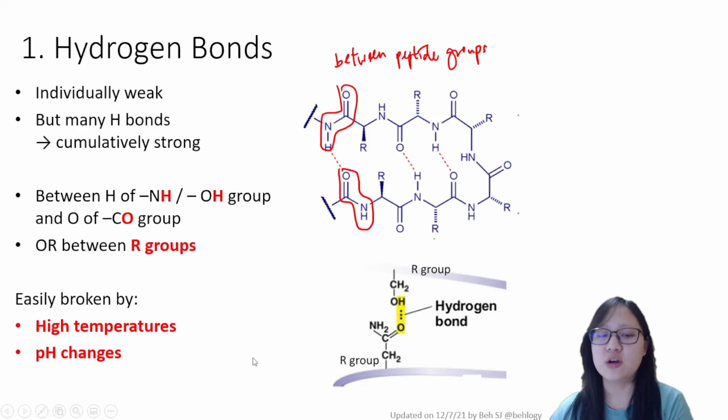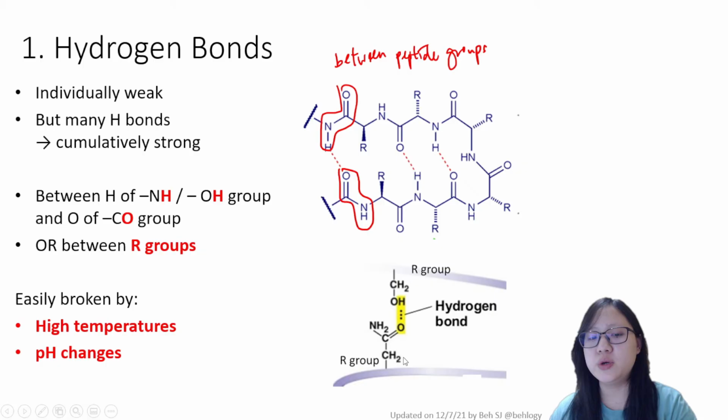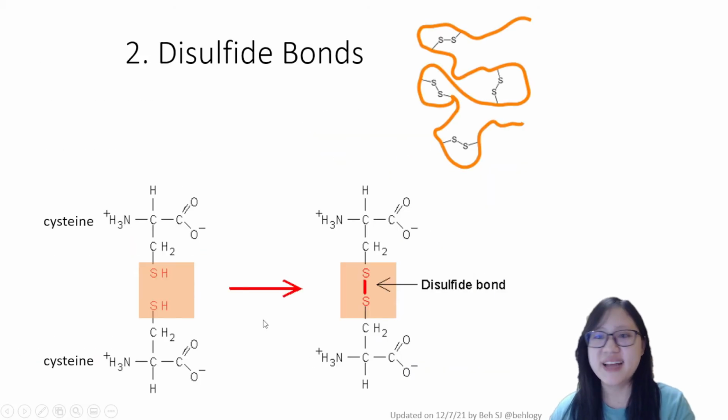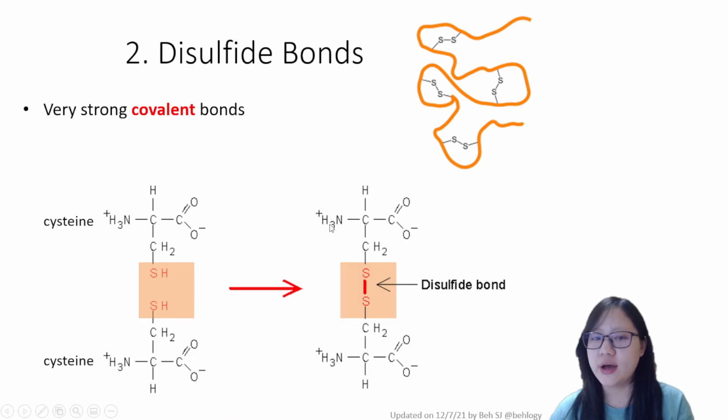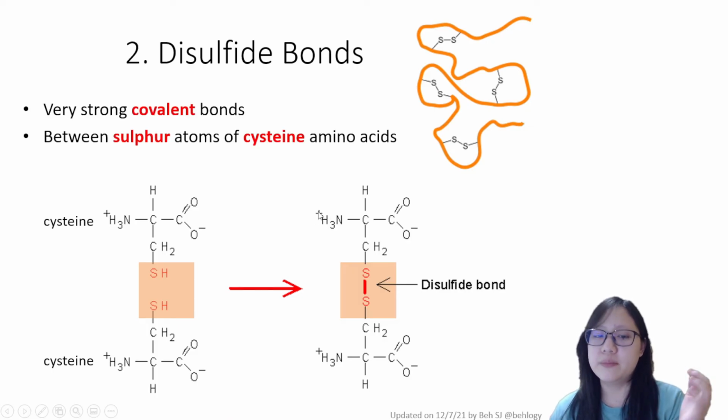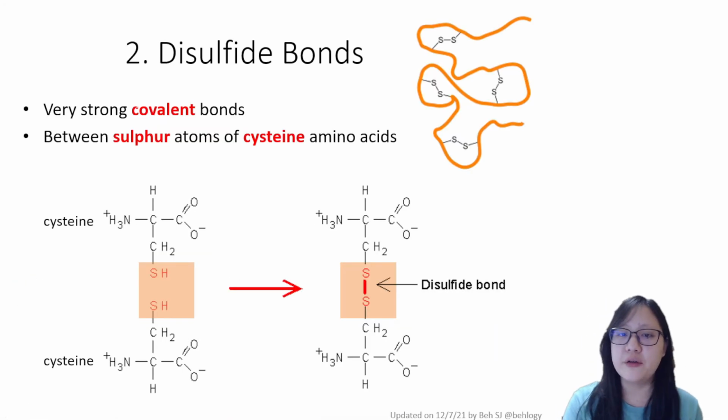Remember that, it will become important later on. So again, hydrogen bonds form between different peptide groups or between R groups, and they're easily broken.